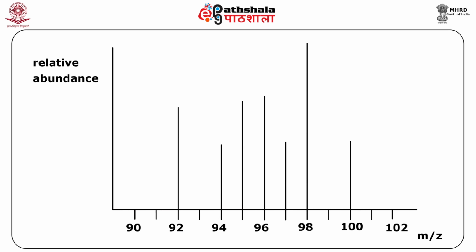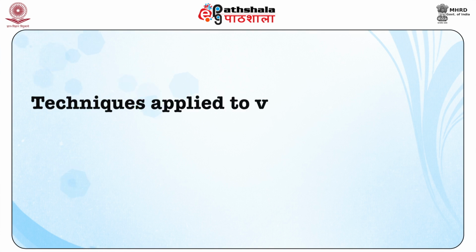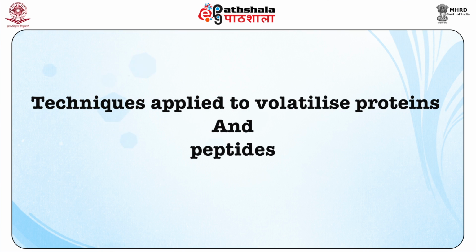Based on relative abundance, the spectrum is deconvoluted to read the molecular mass within the range of plus or minus of the real mass.